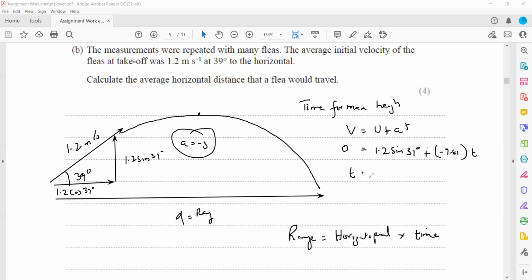So t will be equal to 1.2 times sin 39 divided by 9.81. This will give you the time the flea will take to reach the maximum height from the original position.